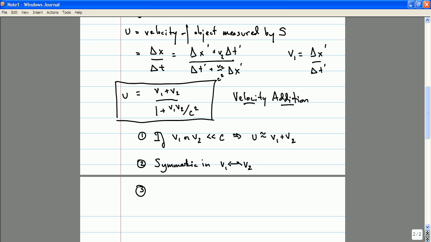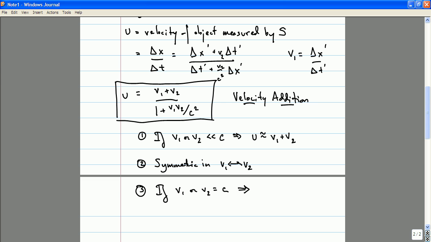Now let's consider a few special cases of this formula. So let's consider the case where the object whose velocity you're trying to measure is a beam of light, so that v2 is equal to c. And so you can easily check that if either v1 or v2 is equal to c, let's go ahead and just do that. If v2 is equal to c, you have v1 plus c over 1 plus v1 divided by c.